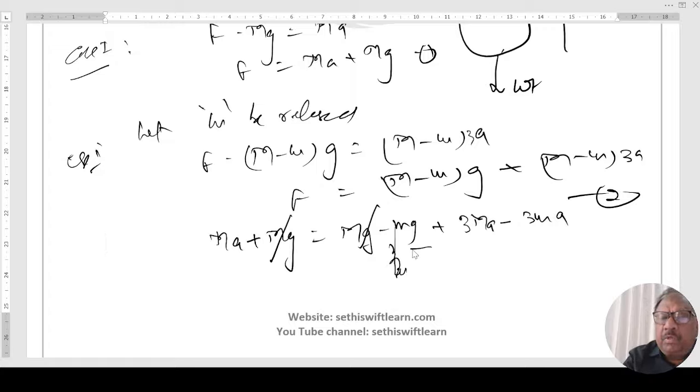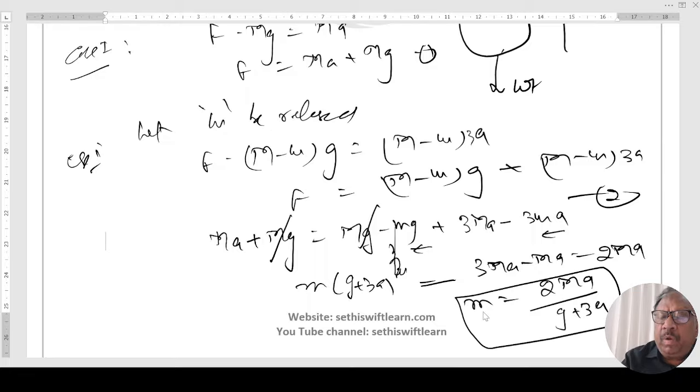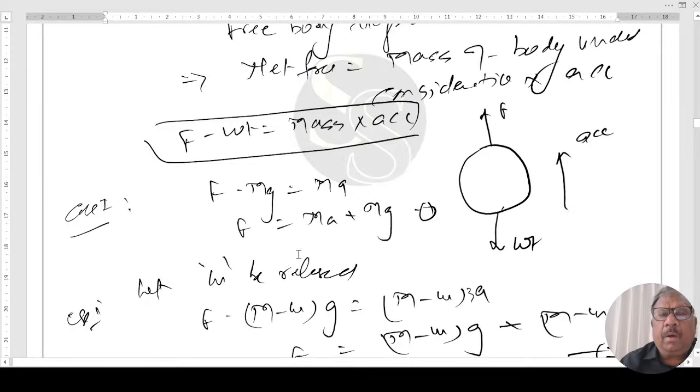Now the negative term we shifted here, m came common, g plus 3a came, equal to, this term we brought here, 3ma minus ma, so 2ma. So small m comes out to twice Ma upon g plus 3a. This much mass is to be removed from the balloon so that it starts accelerating with acceleration 3a upward.